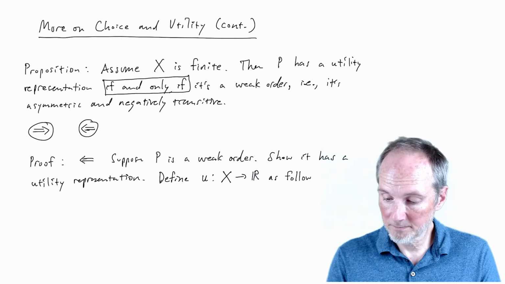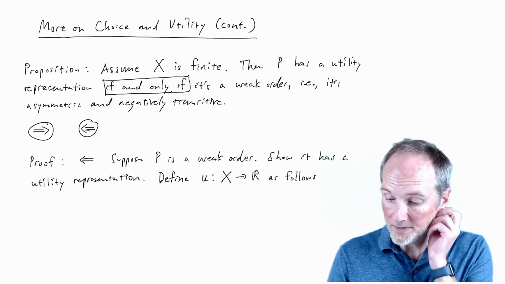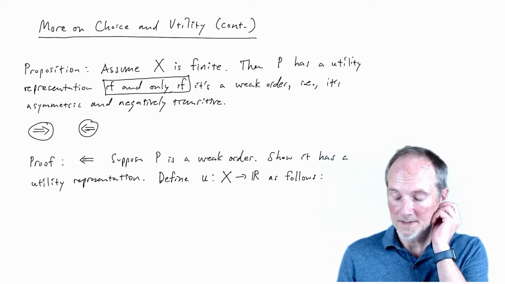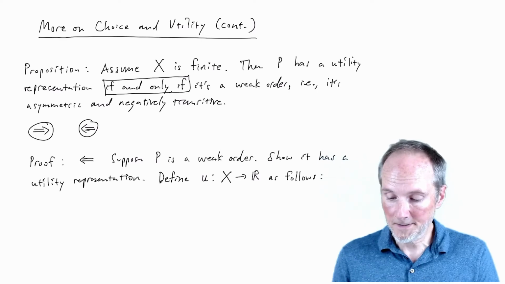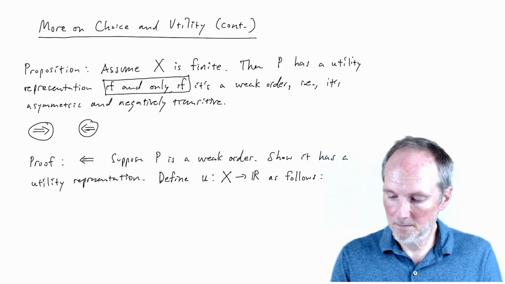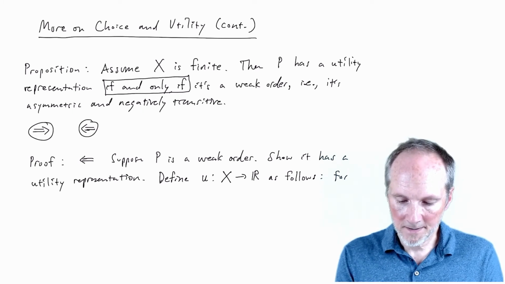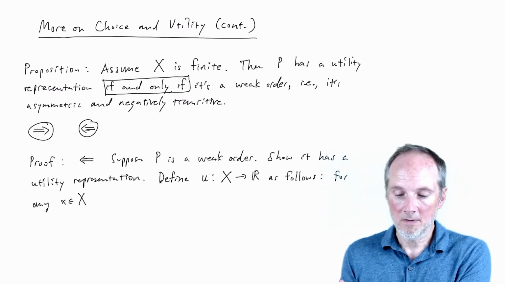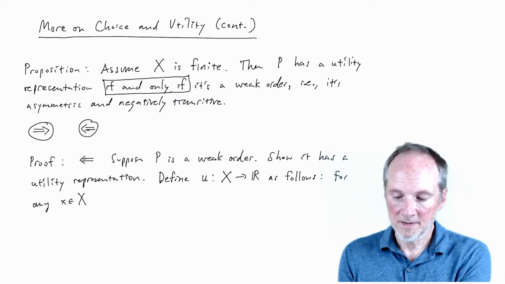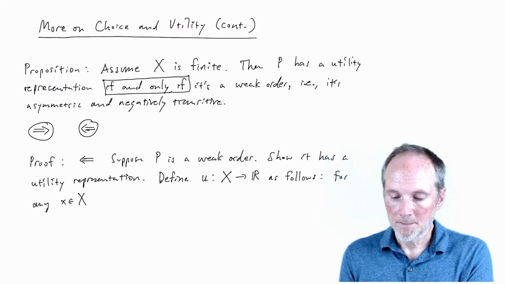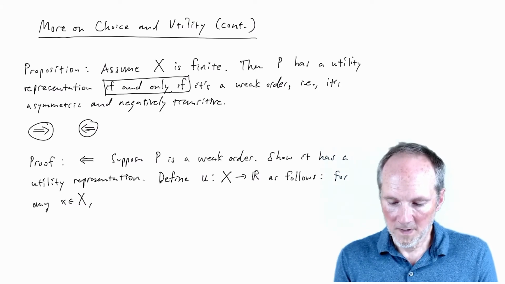How do you go about defining a function like this? Well, you just need to assign a number to every element of the domain. In this case, we need to assign a utility to every alternative.